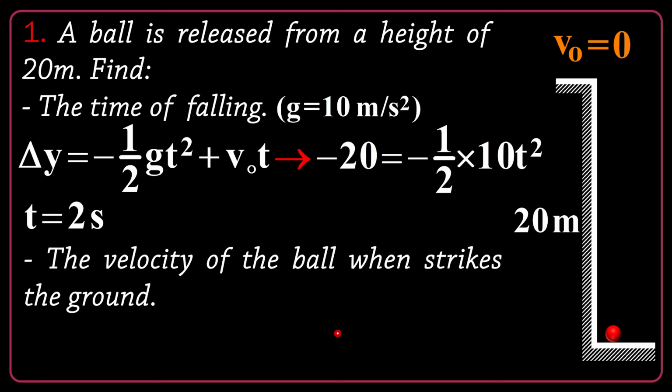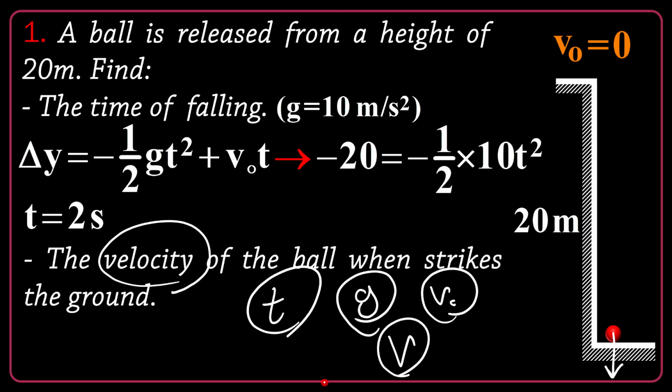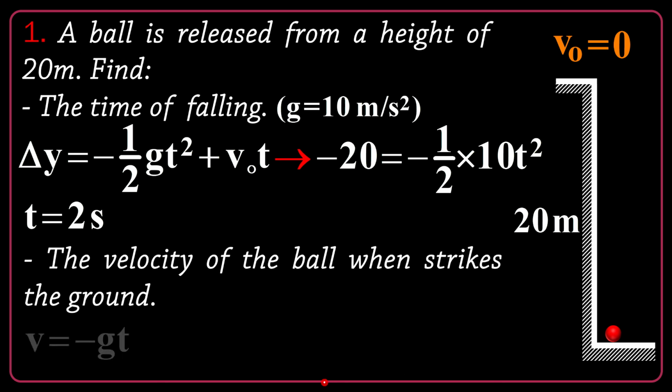The next part of the problem is the velocity of the ball when it strikes the ground. Guys, you know that velocity must be negative because the object is coming down. And so finally at the point when it touches the ground, it's coming down. So velocity must be negative. Again, let's go over the given and the goal quantities. Here I have V naught, I have G, and also I know the T is 2 seconds, and I'm looking for V. The best formula that matches the given quantities here will be V equals negative gt plus v naught.